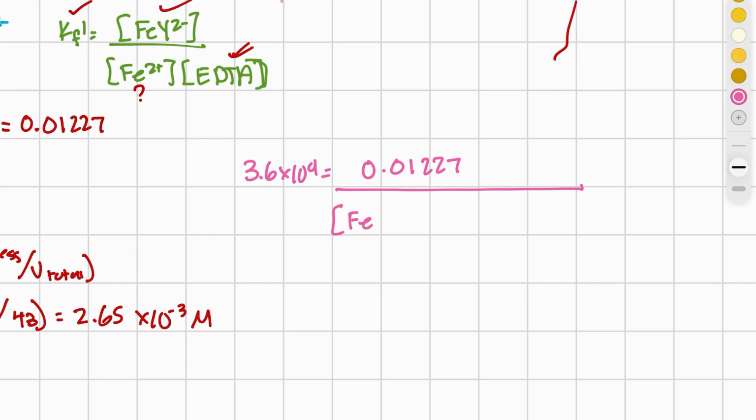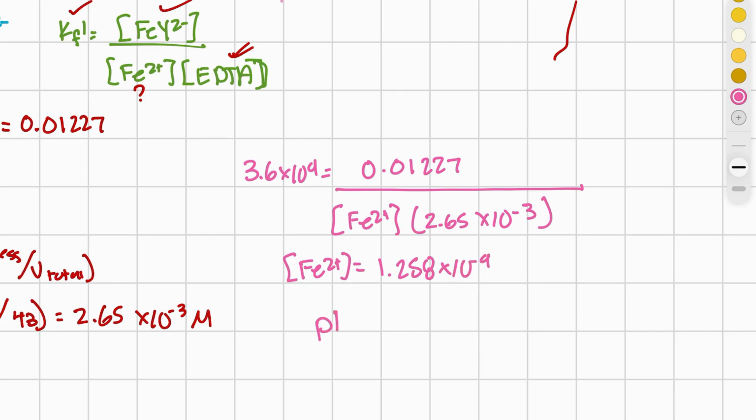We're looking for Fe2+, and we have this concentration of EDTA, that's 2.65 times 10 to the negative 3. We can do some rearranging, and we'll solve for Fe, and we should get that Fe2+ equals 1.258 times 10 to the negative 9. So that means pFe equals 8.89.